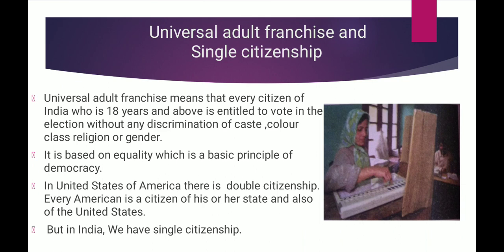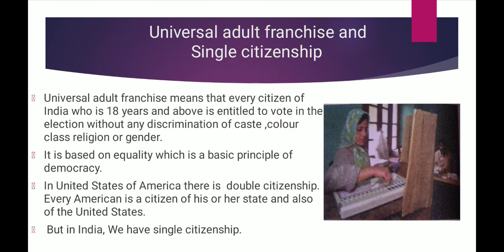It is based on equality, meaning all people get equal status, which is a basic principle of democracy, meaning the right to equality. The right enables all citizens to be involved in the governance of a country through their elected representatives. It means all people have the right to choose their representatives after the age of 18.